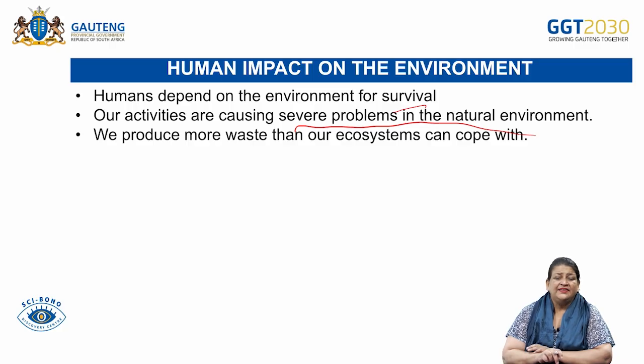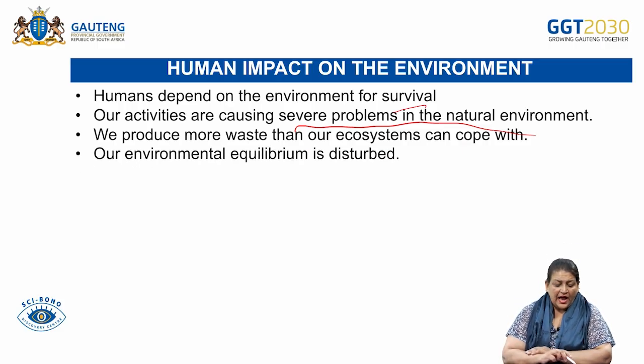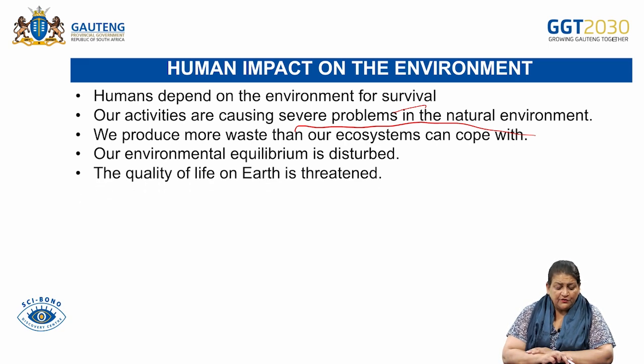That means that the carrying capacity of our planet and our ecosystem has reached its limit, and now it's going beyond the carrying capacity. Our environmental equilibrium is disturbed. That means now we are going beyond stability because more and more humans are populating the earth. So therefore, the quality of life on earth is going to be threatened because the demand is going to be more than the supply.